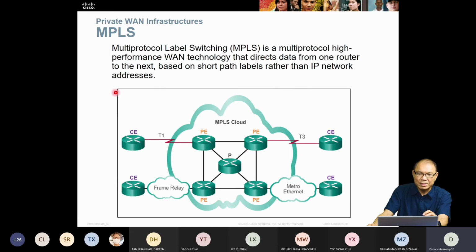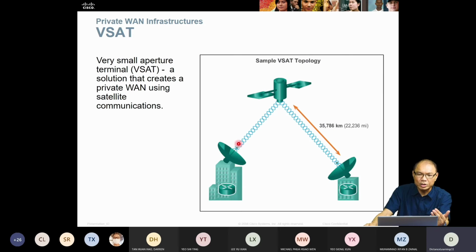Basically what it does is that it directs data from one router to the next router based on short path labels rather than IP network addresses. So you just need to know some of the available private wide area network technologies or infrastructure. Another one is wireless.